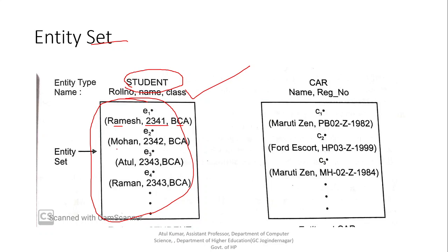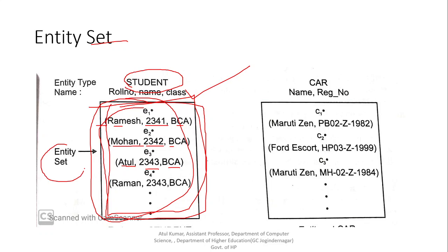The second instance is Mohan 2342 BCA. The third instance is Atul 2343 BCA. All these are instances, collected together as they share the same properties of the entity student, and the collection of these entity instances is called an entity set.